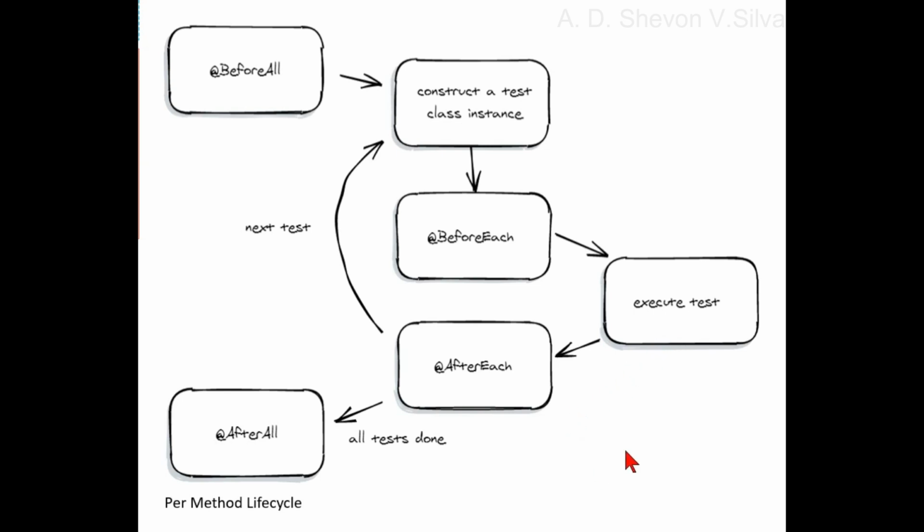When you're looking at the output, we can see that JUnit constructs the test class once per each test method. The lifecycle methods for the entire fixture have been executed once, and the lifecycle methods for tests have been executed multiple times.